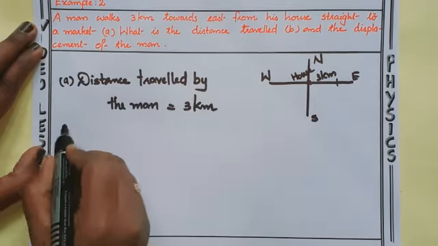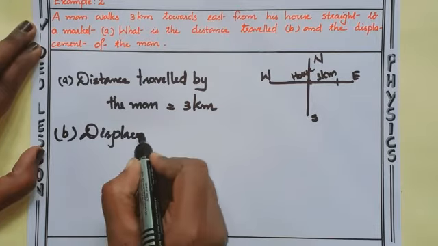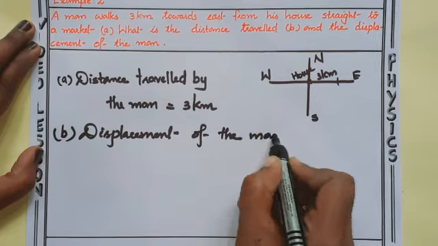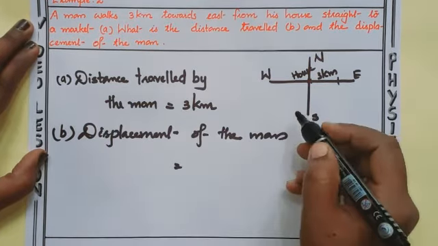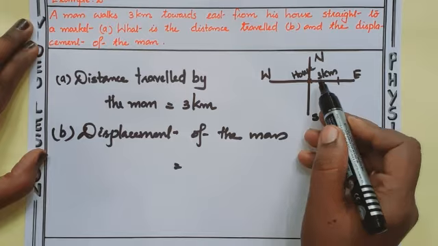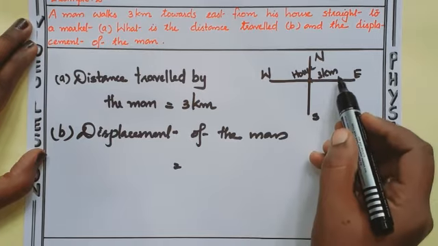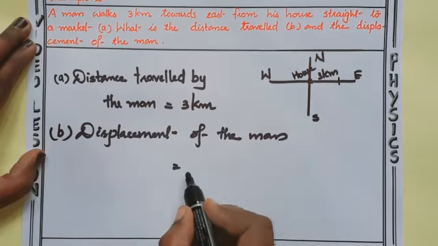Then second is displacement. Displacement of the man is equal to what? Displacement is the shortest distance the object travels from the initial to the final position in a given direction. So we have to specify the direction also.